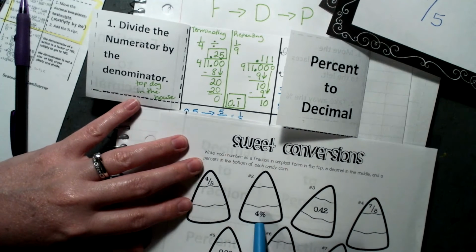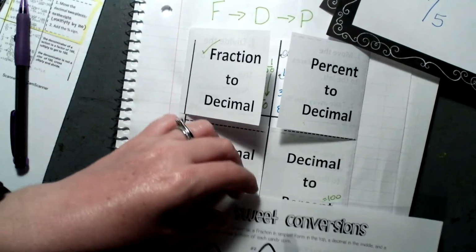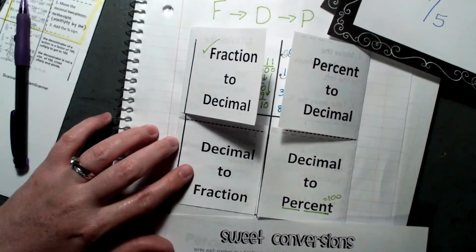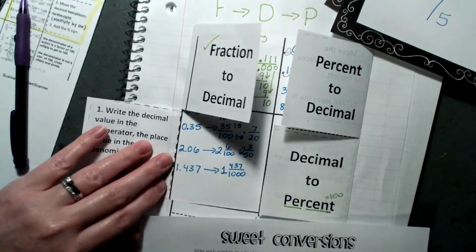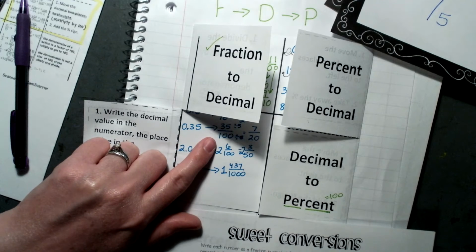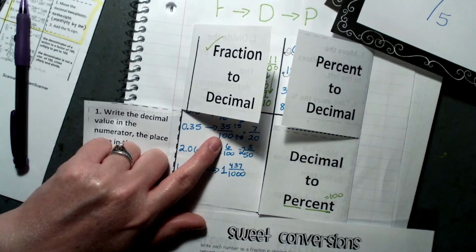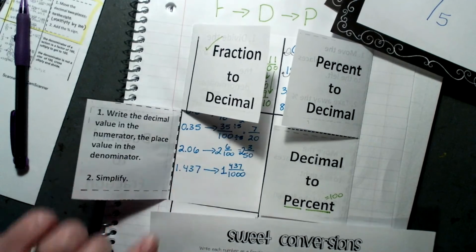So on this one you're going to work backwards, percent to decimal, and then use your notes. How do I get from a decimal to a fraction? Remember to open that back up, look at the place value, use the number, put it over the place value, and then simplify.